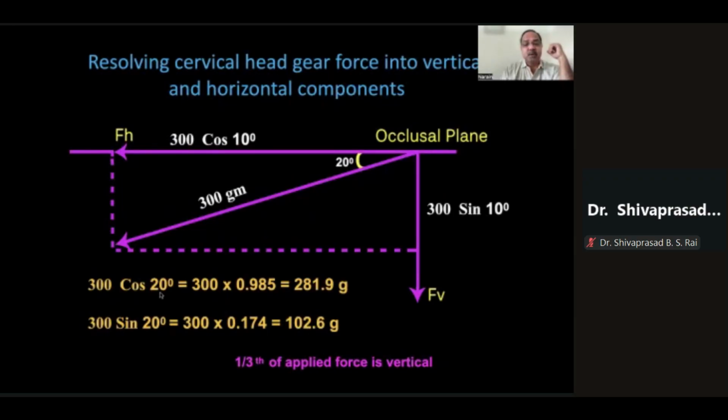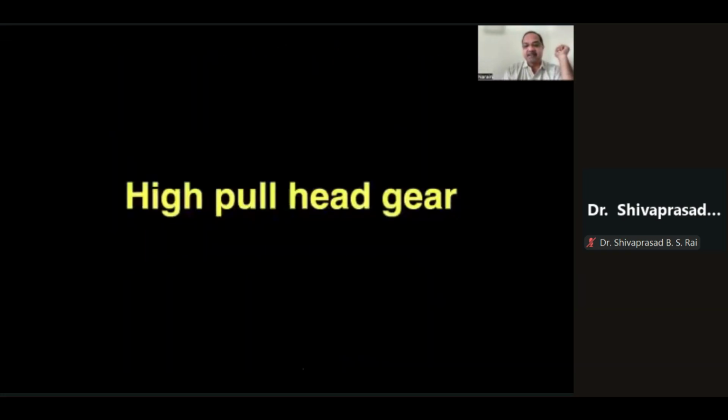So 300 cos 20 degrees is 281 grams, which is the horizontal force generated, and 300 sin 20 degrees is 102 grams, which is the vertical force generated. To do this, ask the patient to put on the headgear, take a radiograph, and trace the line of force and the occlusal plane. The rest you can calculate using your protractor.